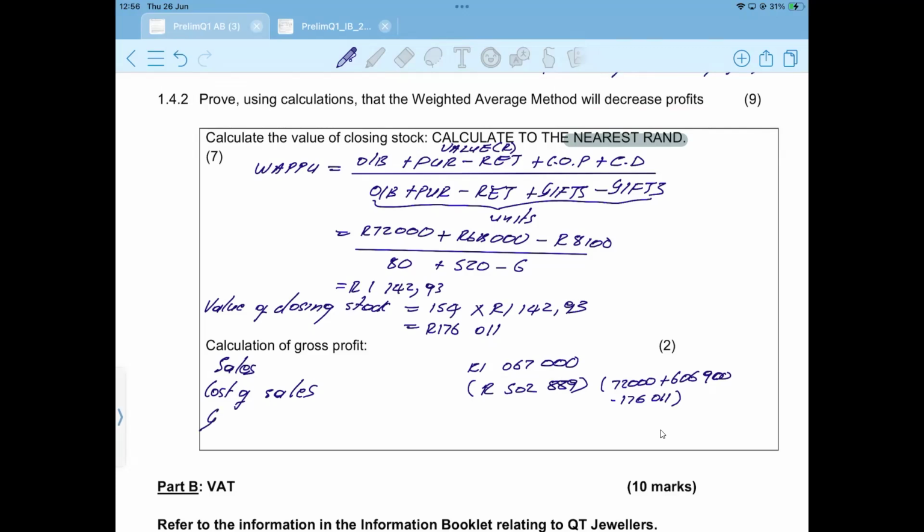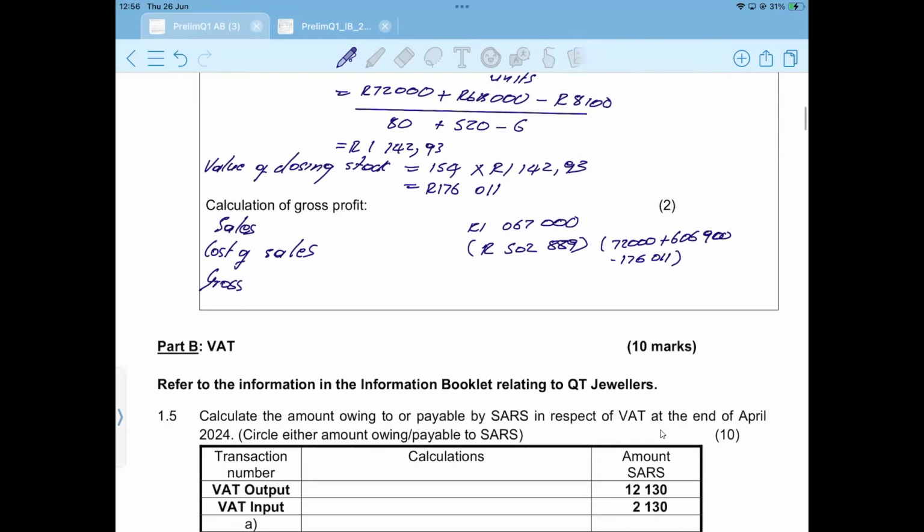And then you will get your gross profit, which will give us 564,111.